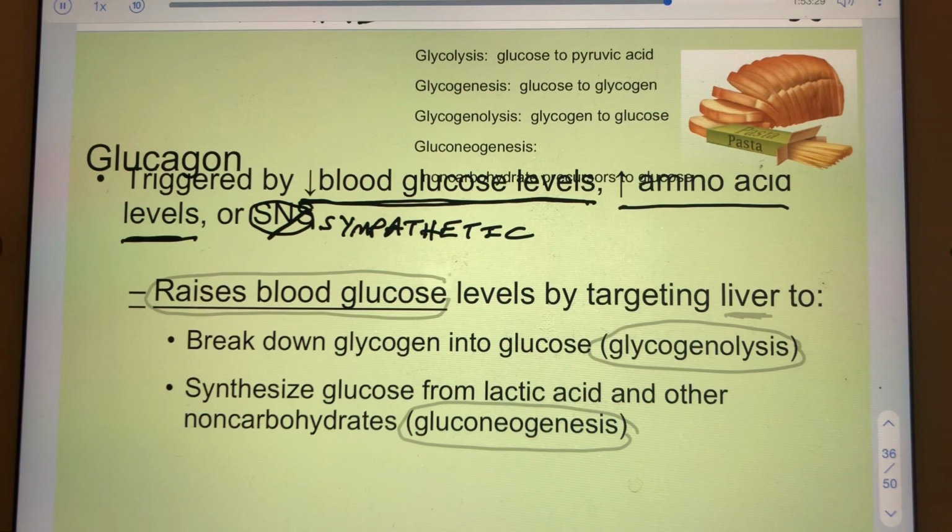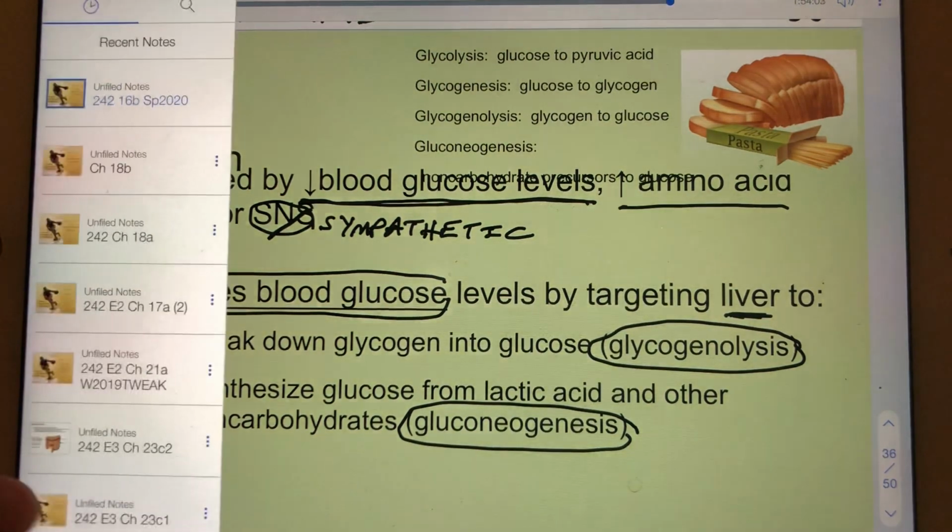And glucagon responds by increasing blood glucose. Well, there are different ways to increase blood glucose. Which pathways, which mechanisms does glucagon encourage? Actually, both. It encourages both glycogenolysis and gluconeogenesis. Okay? And specifically, it's targeting the liver. Okay?